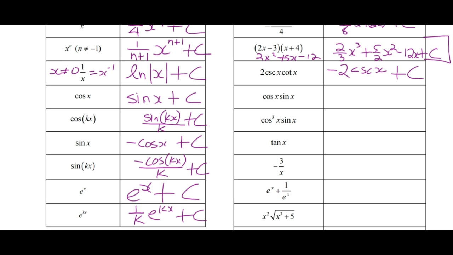What's going to give me a cos and a sine? It's like sine squared or something, right? Can we make this work with sine squared? So let's go sine x squared. What's the derivative of sine x squared? You could write that as sine squared x, but let's write it this way. That derivative is 2 sine of x cos of x. So we need a half of that. And a plus C.